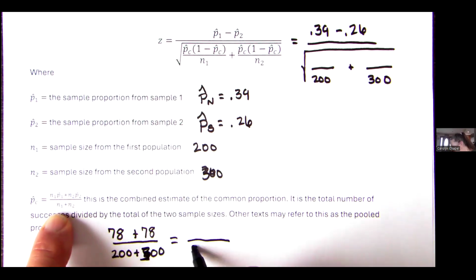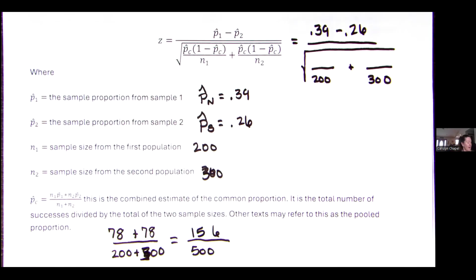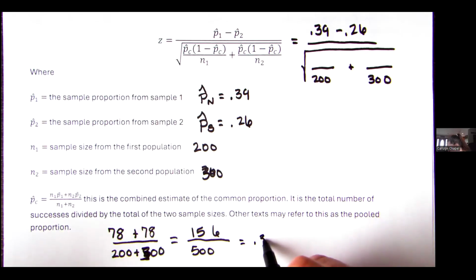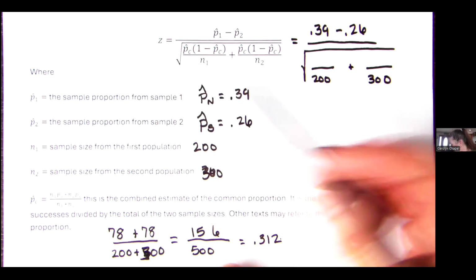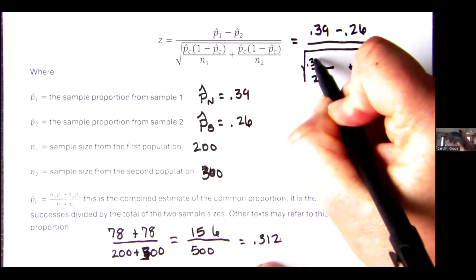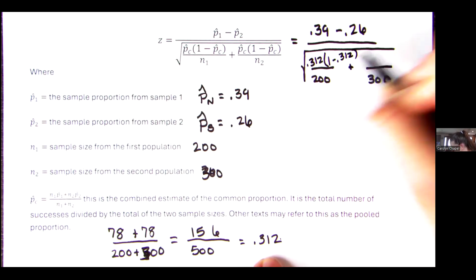Out of our total 500 people that we asked, we have 156 that thought the students were not ready to go. So I'm going to just double check my adding here. And then I'm going to turn that into a decimal for us. So I get 0.312. And that's the number that's going to go in here for those pieces, 0.312, and then 1 minus 0.312.